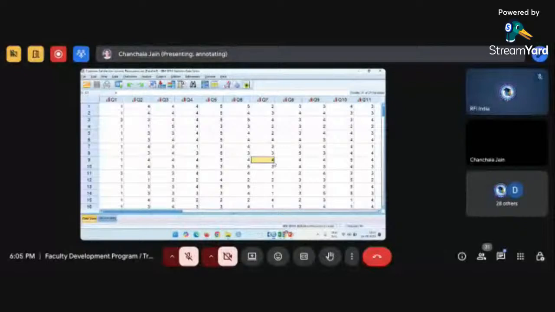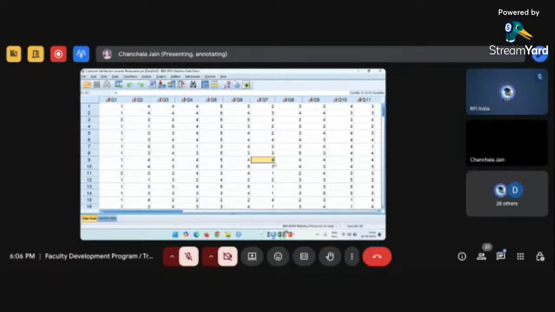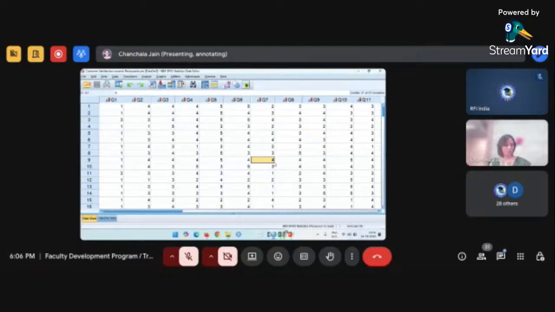Hello, ma'am. Which file are we supposed to open? Customer satisfaction towards restaurants. Ma'am, sorry, but where can we find that file? WhatsApp group.